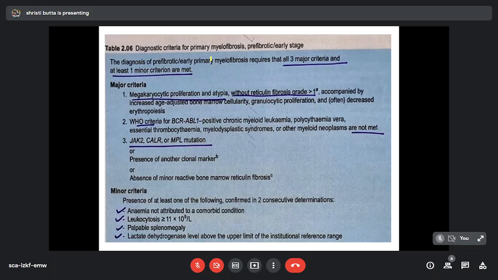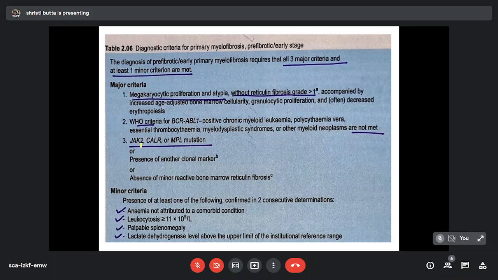Now, coming to the diagnostic criteria of primary myelofibrosis, there is megakaryocytic proliferation, as has been already illustrated, with atypia but without reticulin fibrosis, and that is the pre-fibrotic stage. WHO criteria for BCR-ABL1 positive CML is not met.